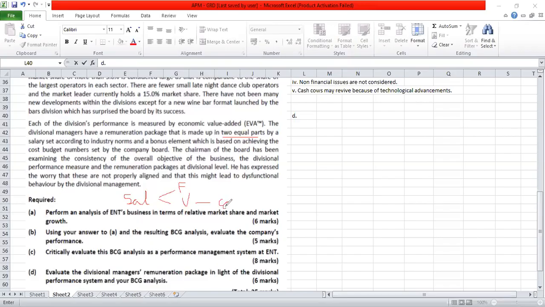So as a manager, what will the manager want to do? He wants to cut down on the cost. He wants to ensure that they meet the cost budget and are able to save on the cost.